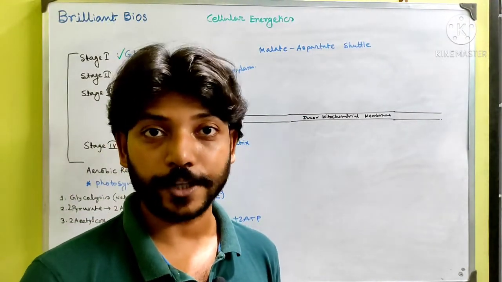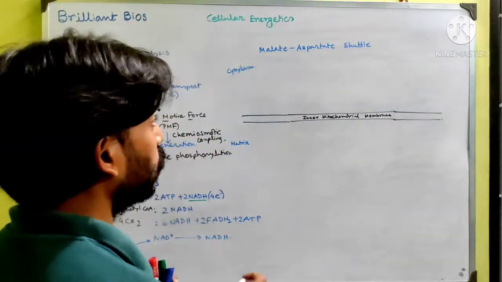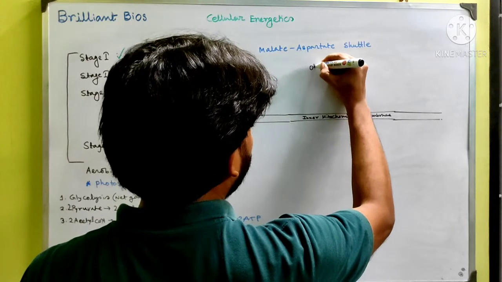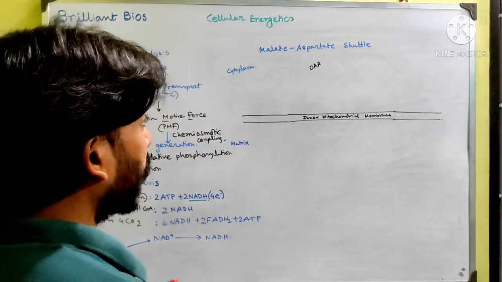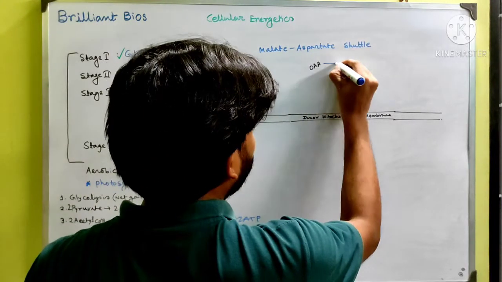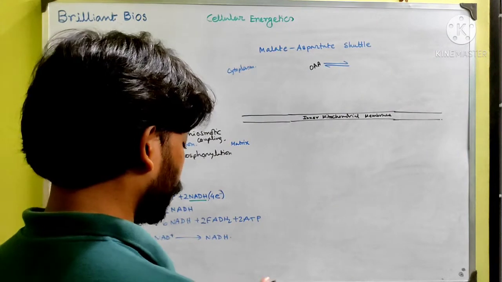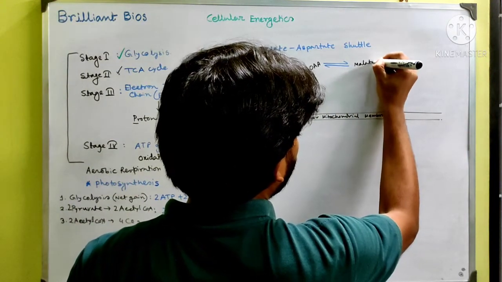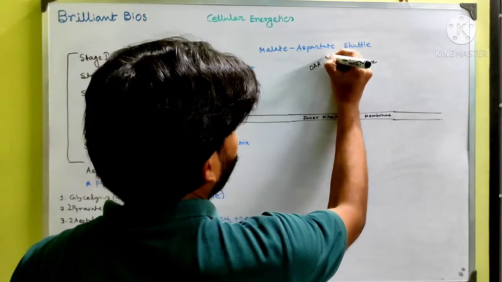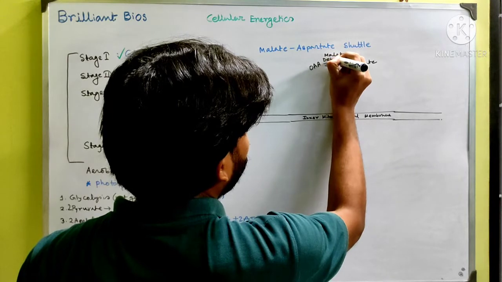For our convenience to understand the mechanism, we will start from a molecule called oxaloacetic acid. This oxaloacetic acid is converted, this is the first reaction that takes place, into malate. And the enzyme responsible is called malate dehydrogenase.